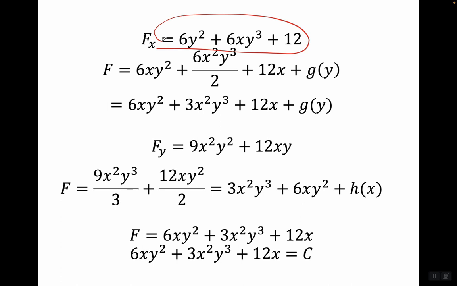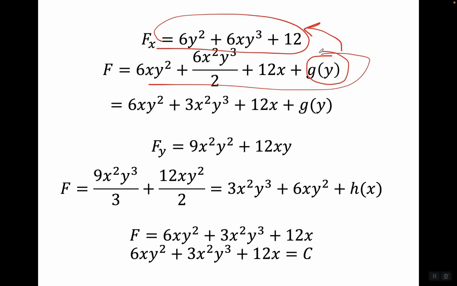We get 6xy^2 + 6x^2y^3/2 + 12x plus possibly some function of y, because when you take the derivative of this with respect to x, you're going to get this function. So there might be some function just of y running around in here. When we simplify that, we get 6xy^2 + 3x^2y^3 + 12x plus that function of y.